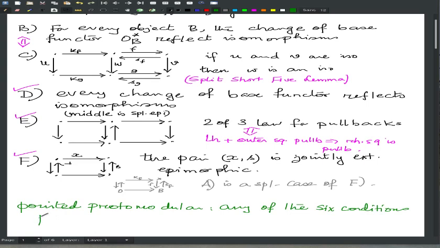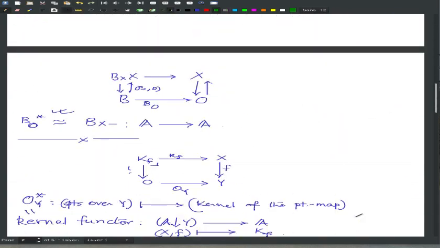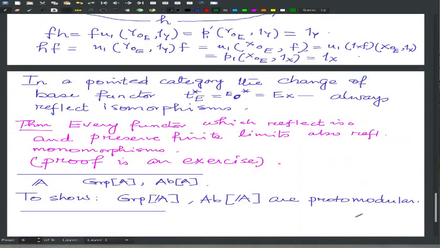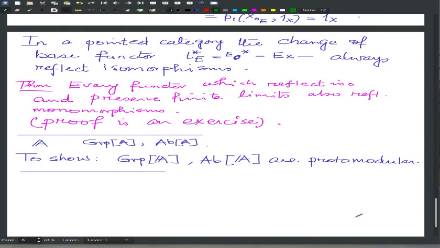And just protomodular is any of D, E, F. So you see this kind of an example tells you how common or how significant this notion is.